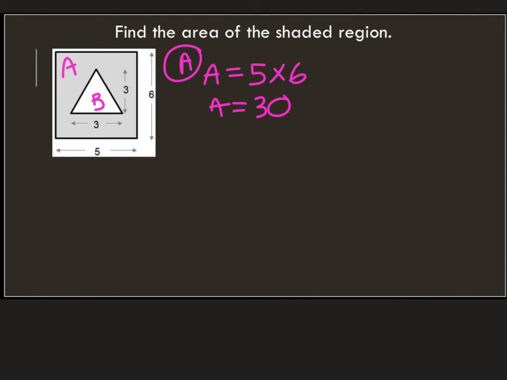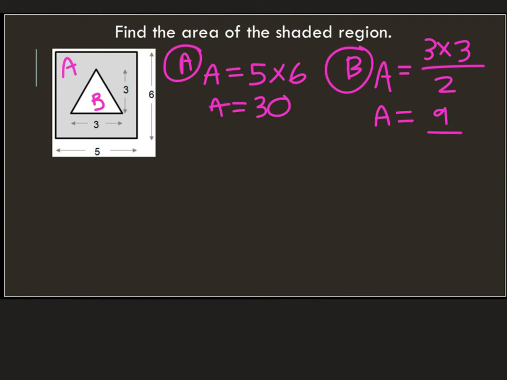Now let's find the area of just shape B, the part that is not shaded in. So that's a triangle, so it's 3 times 3, but divided by 2. 3 times 3 is 9. 9 divided by 2 is 4.5. So what do we do with that? Well, we take our total area, 30, and instead of adding the two areas like we've been doing in all of our other polygons, we're actually going to subtract out the part that is not shaded in, which is 4.5.